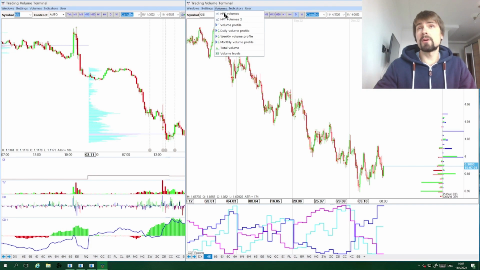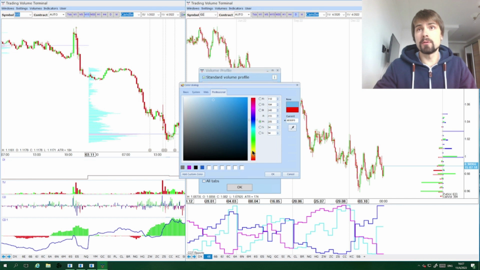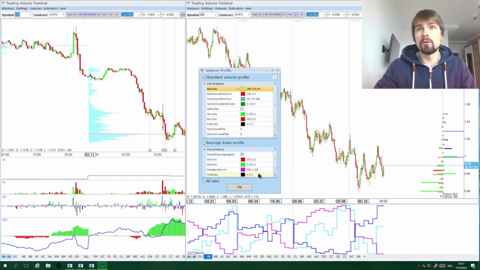Also, traders, it is very important to add volume profile, total volume profile on the daily chart. We choose standard volume profile, bar color, for example, orange. Let's choose OK, all tabs.